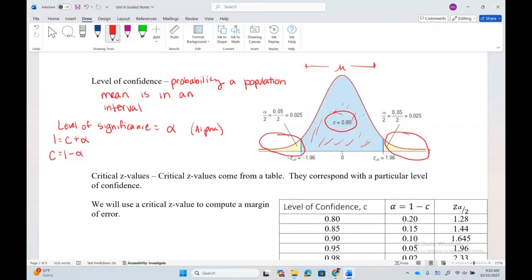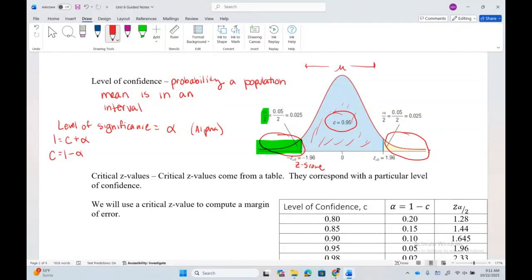If I take this total area and divide by 2, it will give me the area in one tail. Well, this area in one tail is going to be associated with a specific z-score.